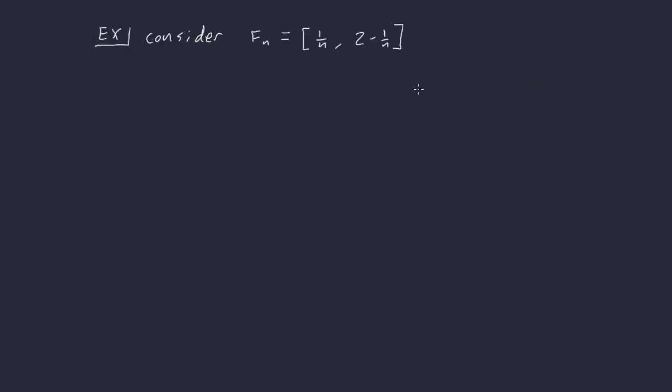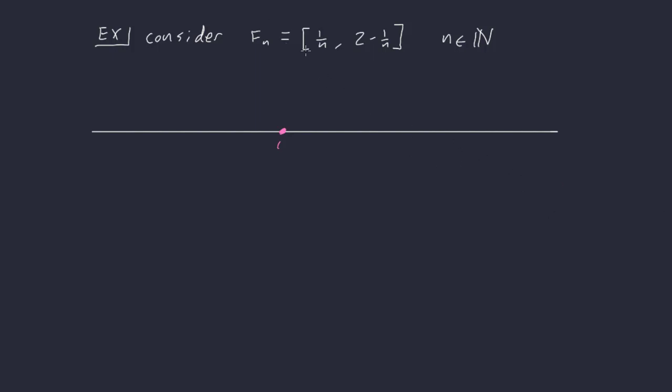All right, let's consider this collection of closed intervals. Each one of these is a nice closed interval, and we're looking at 1 over n to 2 minus 1 over n. Okay, so if I start looking at this on a number line, when n is equal to 1, we'll get 1 and 2 minus 1. So that's just the point 1. Now that is a closed set.